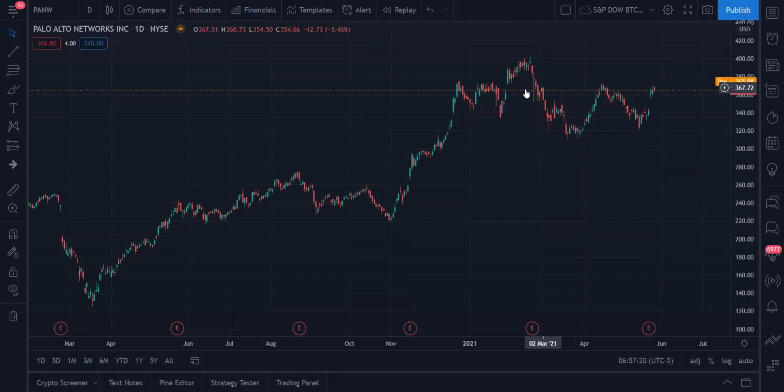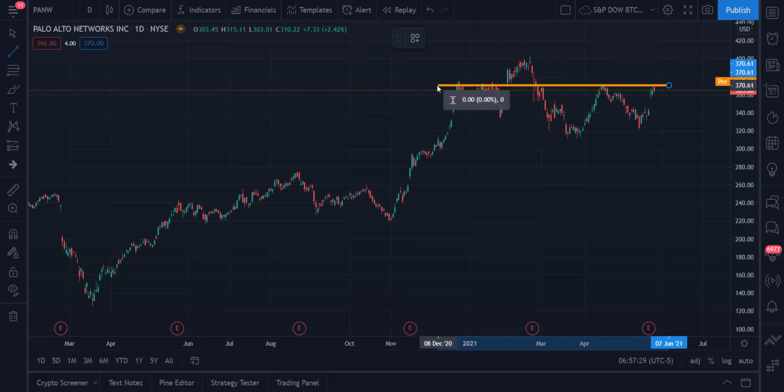But look at this. I'm going to draw this line just to reiterate where price is sitting right now. Or actually, I'm going to go just a little bit above price right now. All right, so that line right there, that is what we call resistance. You can see this was resistance back here in late December, mid-January, late January, again April the 16th, mid-April, and now we're sitting right there at the end of May.